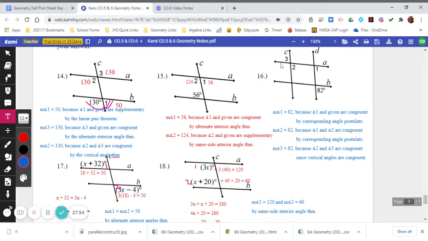Now, a couple of things. I could have also said that angle 3 is 82 because of alternate exterior angles using angle 1 and angle 3. That's why I want which two angles are you using and which theorem are you using, because depending on which two angles you pick, I could have explained angle 3 using 1 and 3 and alternate interior angle theorem instead of the way that I did here.